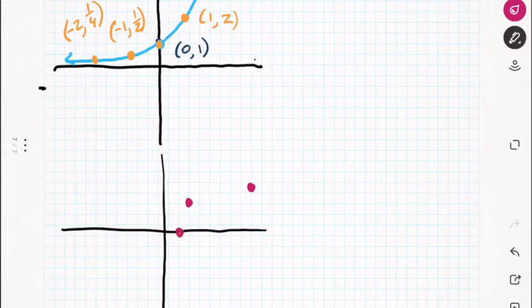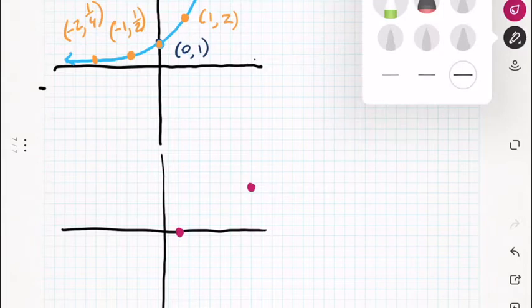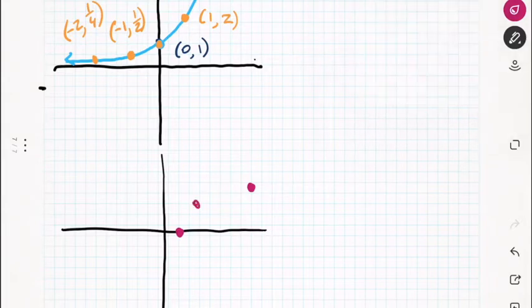Ooh, I got the points too close to each other. Let's put it like right about here. All right, let me label these. So this one is 4, 2. This one is 2, 1. This one is 1, 0.